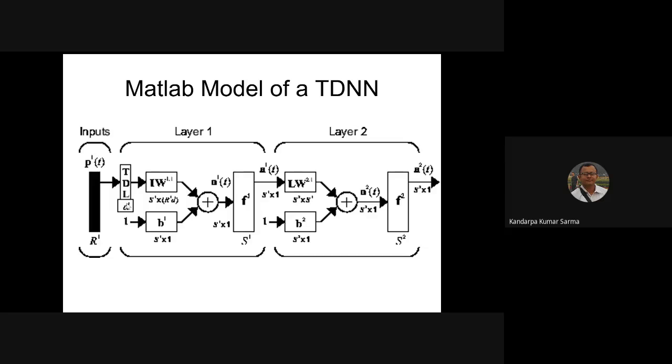But in this case, we find clearly that there is a tap delay line in the front end, in the pattern feed layer. That tap delay line will be generating the delay function that will be responsible for tracking the time variation that the samples might have, and this will permit this network to function like a dynamic neural network.